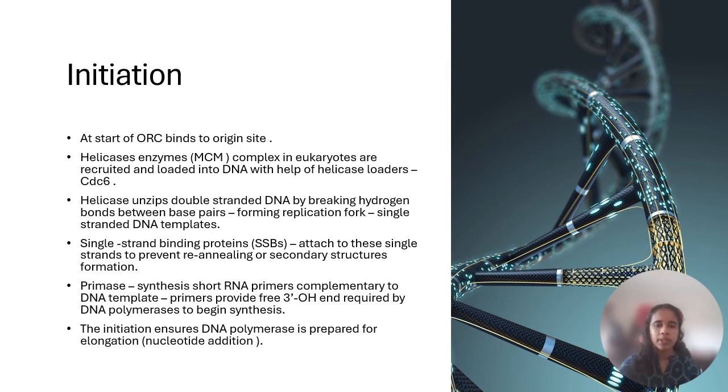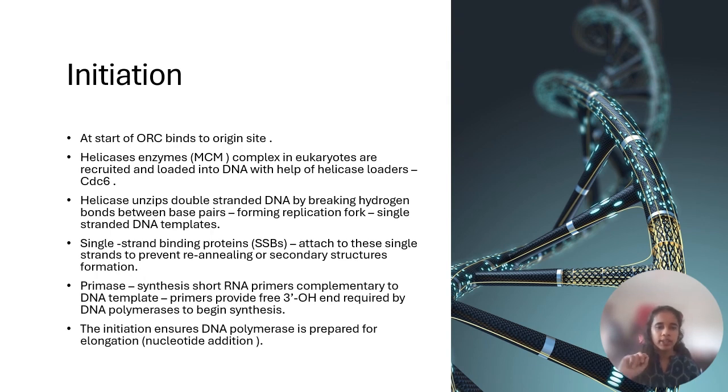So primase will synthesize a short RNA primer, approximately 10 nucleotides, at the origin, and it gives you a free 3' hydroxyl. Only at a free 3' hydroxyl can the initiation happen.